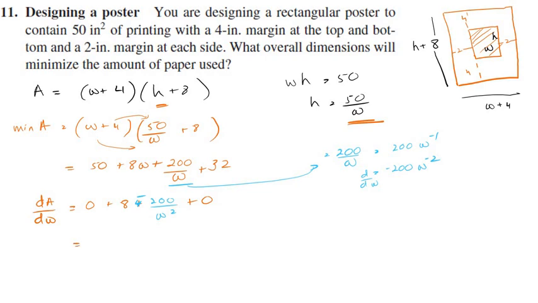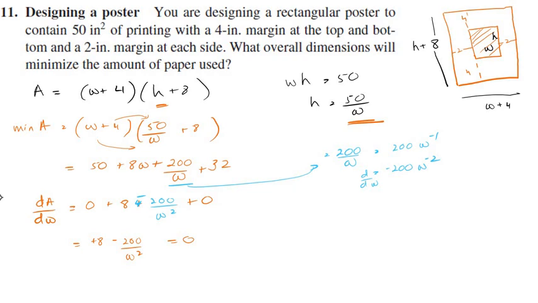So let's write this again: 8 minus 200 over W squared, and we make this equal to 0 because we want to get the minimum area.